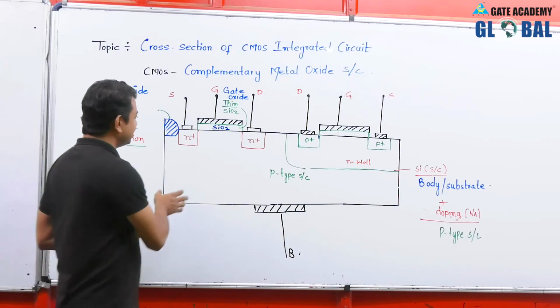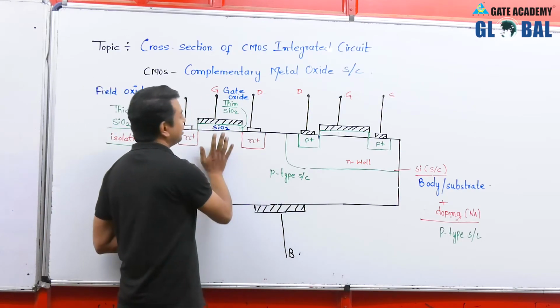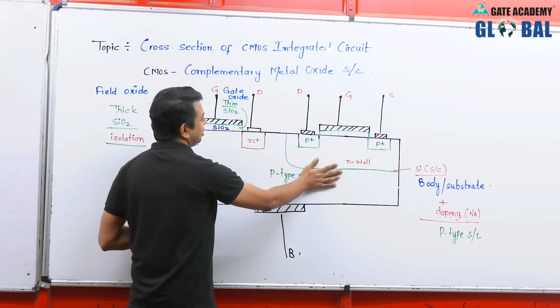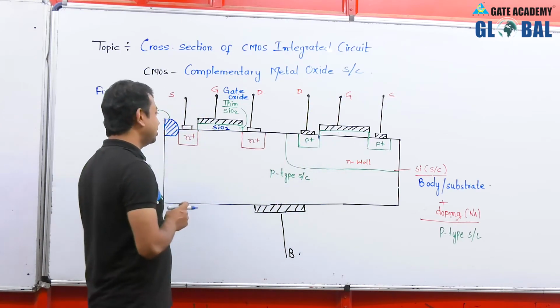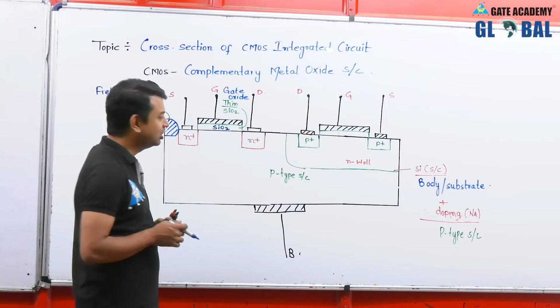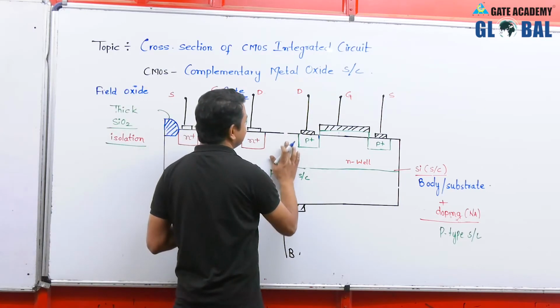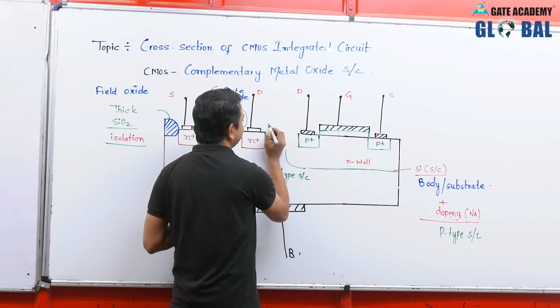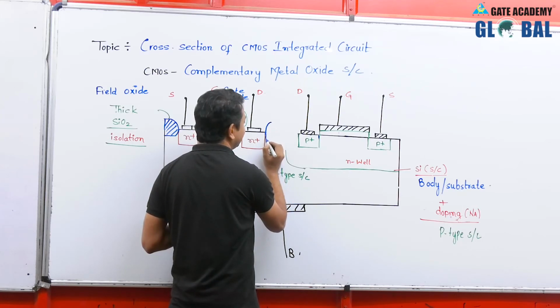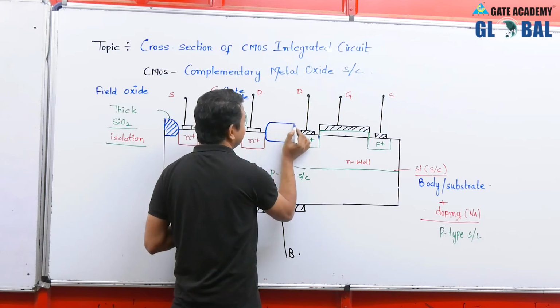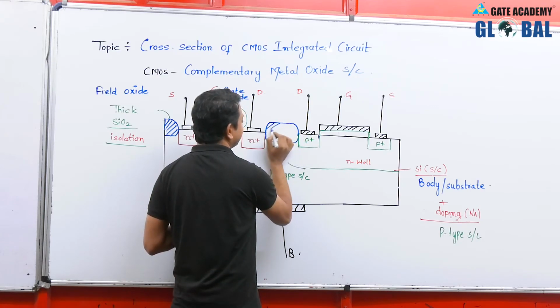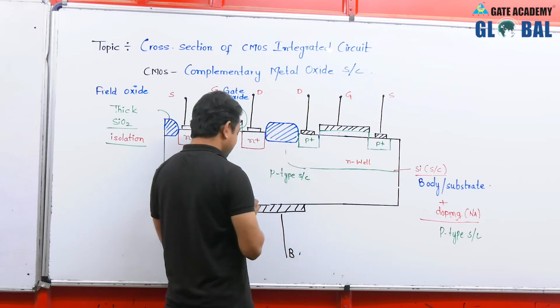But to isolate these two devices, the NMOS and the PMOS, we again use a thick layer of silicon dioxide to isolate both of them. I would like to give you the structural detail of this also. This is a thick layer of silicon dioxide so that we can isolate both of these devices from each other.